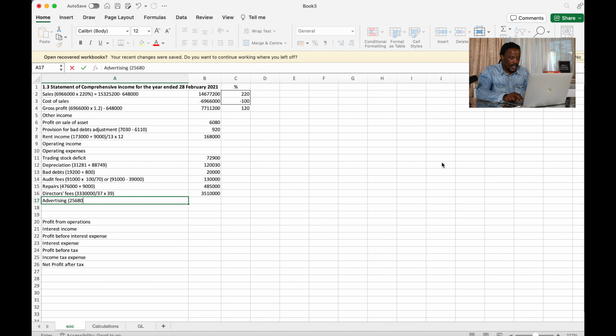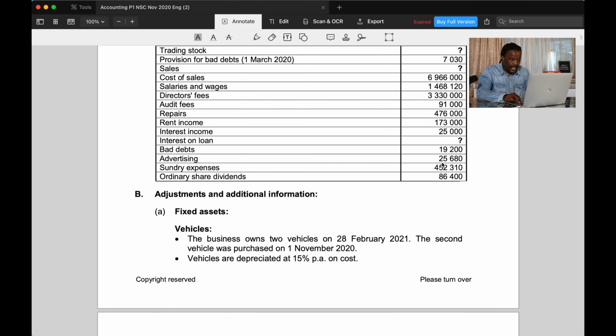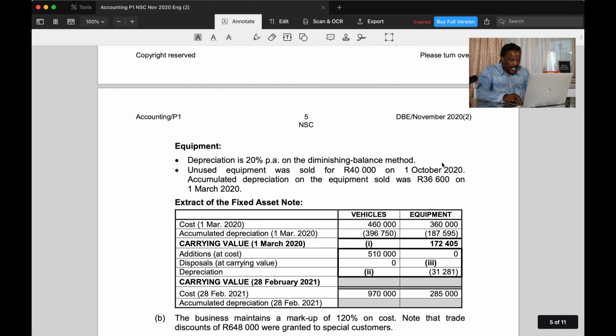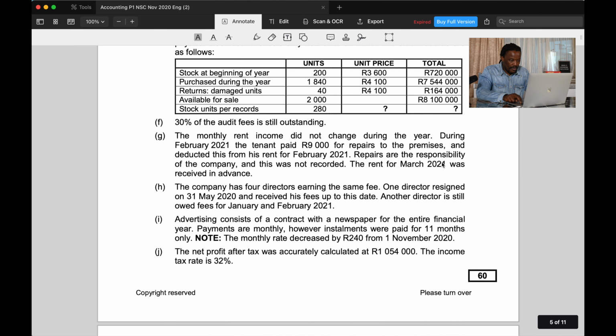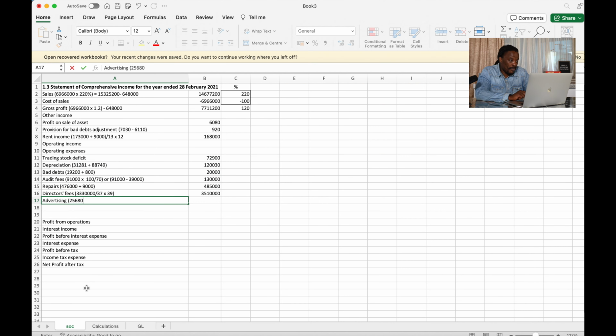Now let's go back and read about this advertising. Advertising consists of a contract for the entire period. Payments are monthly. However, installments were paid for 11 months. So whatever is there represents 11 months, and it was decreased by 240 on 1 November.